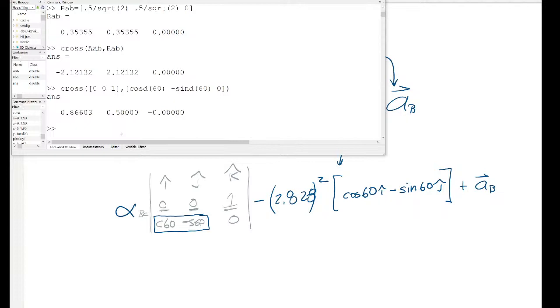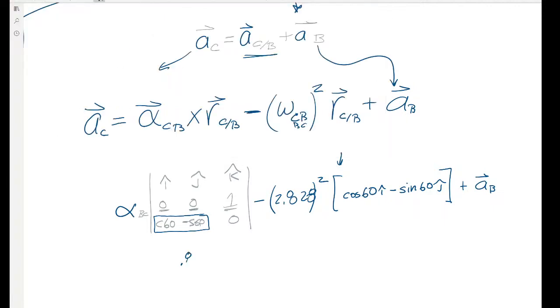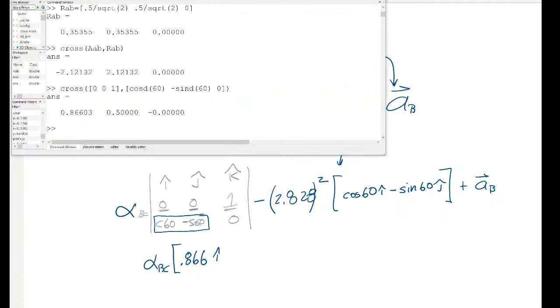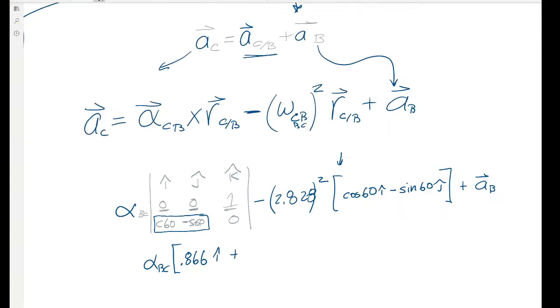So this is what I get. I get 0.866 i with the alpha BC in front of it. And then I get 0.5 j.